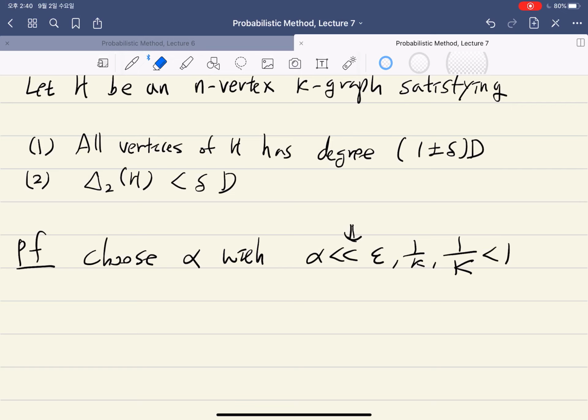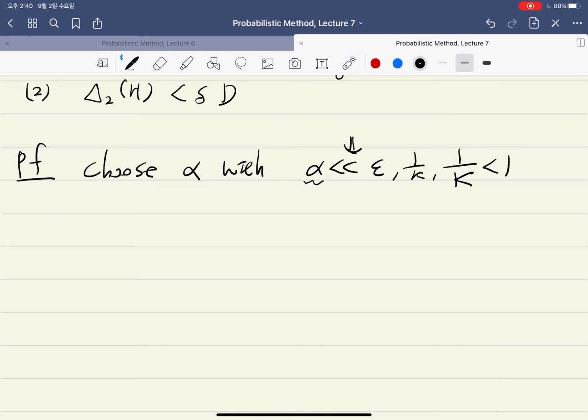For now, we just specify that this alpha depends on these three things. Now we fix alpha, which is, again, nonzero. And let t be an integer which satisfies e to the minus alpha t is smaller than alpha.